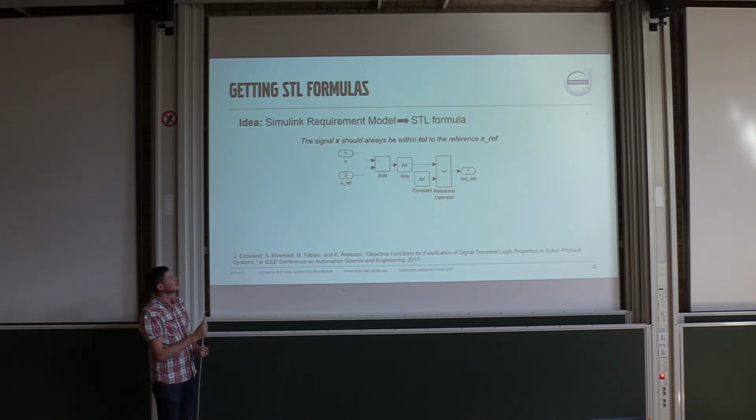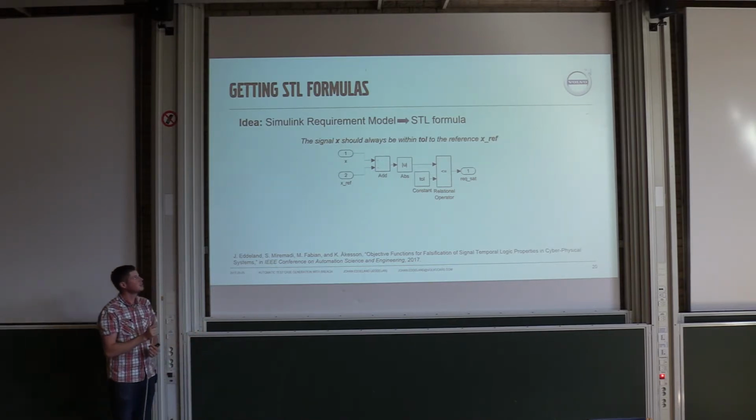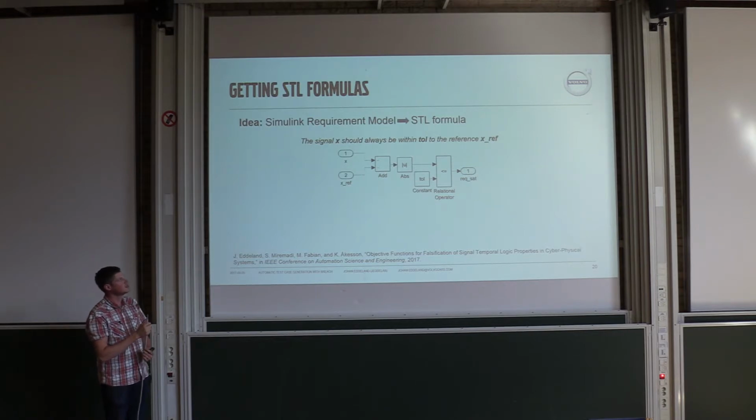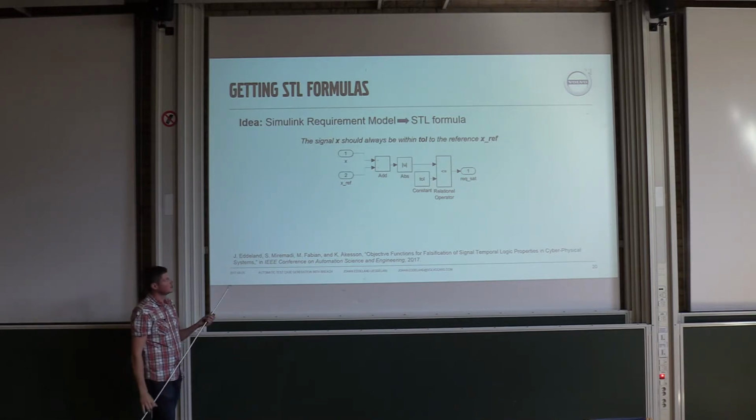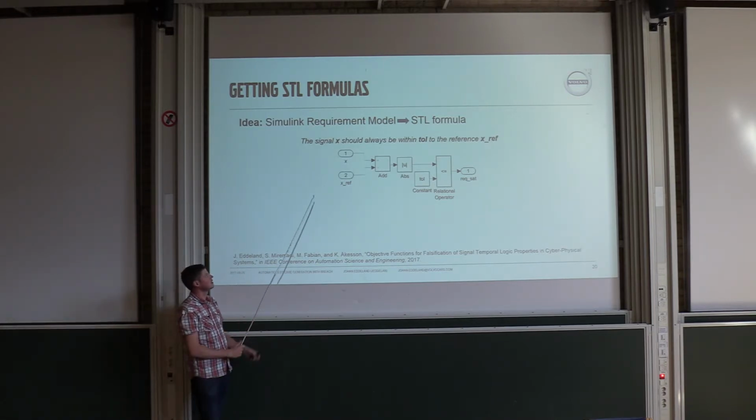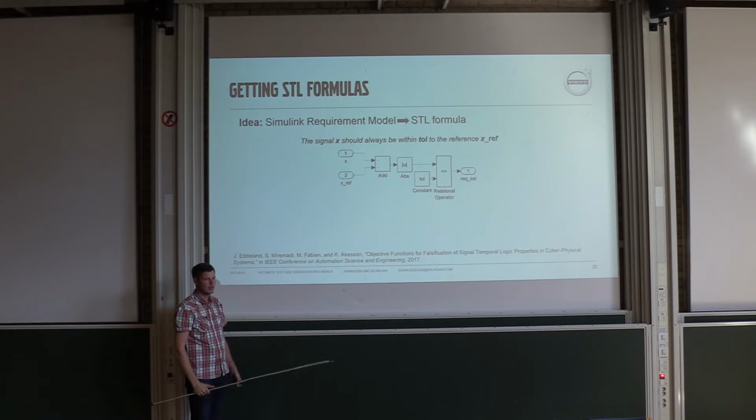The specification here is that the signal X should always be within some preset tolerance to the reference value for the signal X. So a way that this could be implemented in Simulink is that, inside a subsystem, you have inports X and X reference. Typically, X is taken from the simulation of the system, and X reference is probably given as an input to the whole feedback system.